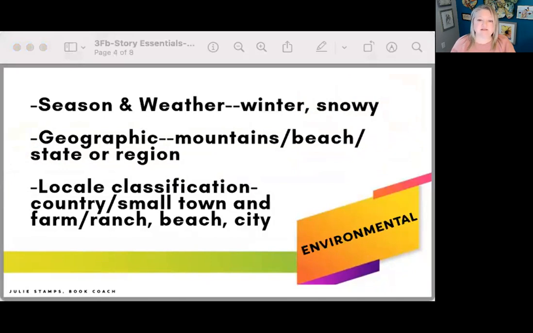Second is environmental. This includes season and weather. A popular season in sweet romance is snowy winter setting. This includes all of the books that usually come out in December, and the top 50 books in the Clean and Wholesome as of February 2022 have a lot of winter settings in them.